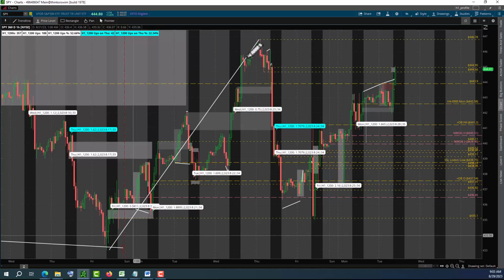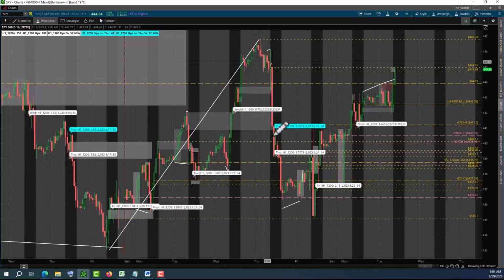Because you see this huge move right here, right up here, and boom. And now it's just going to check that. Okay, if it's going to check that, it's going to go down. Right, because you want that to be a market structure.